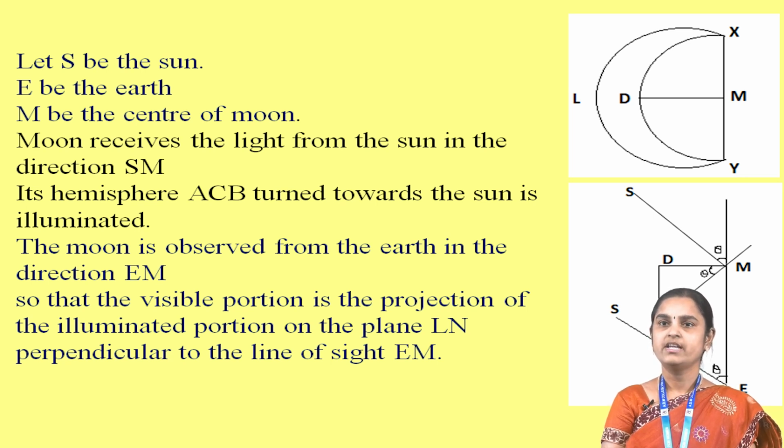In the diagram, you can see the different positions S, E, M, and SM. The hemisphere ACB gets light. Here XDYL is the lunar portion.